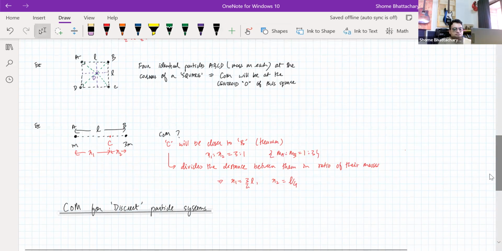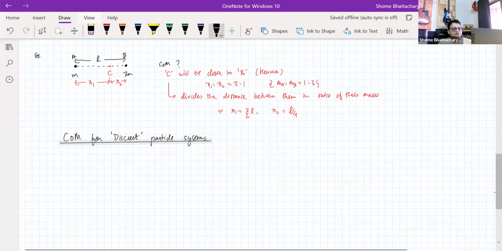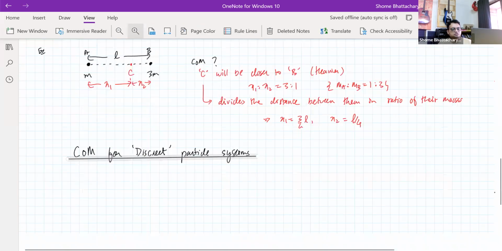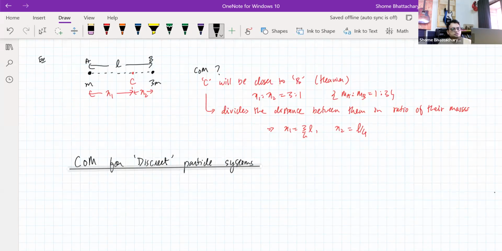Let's start by understanding the position of center of mass for a two particle system as a general formula. We've already seen examples above. We will first write this in scalar form, then we'll come up with a vector definition of it also.